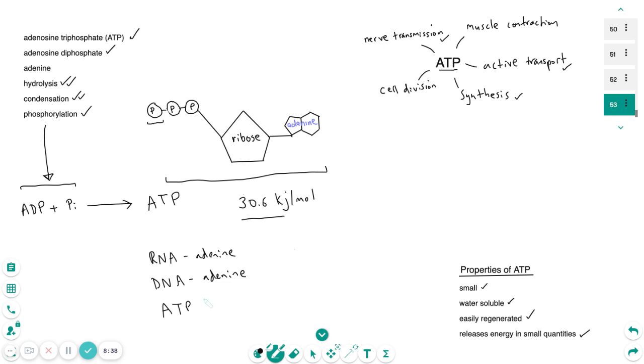They look the same, but it's about how you label them as well. How is it going to be different? If you can do that, that's great. Be aware of the properties and make sure you remember them. This top bit's easy, because we know that ATP is involved in anything that requires energy. There are lots of things our body's doing that require energy all the time. All right, see you later.